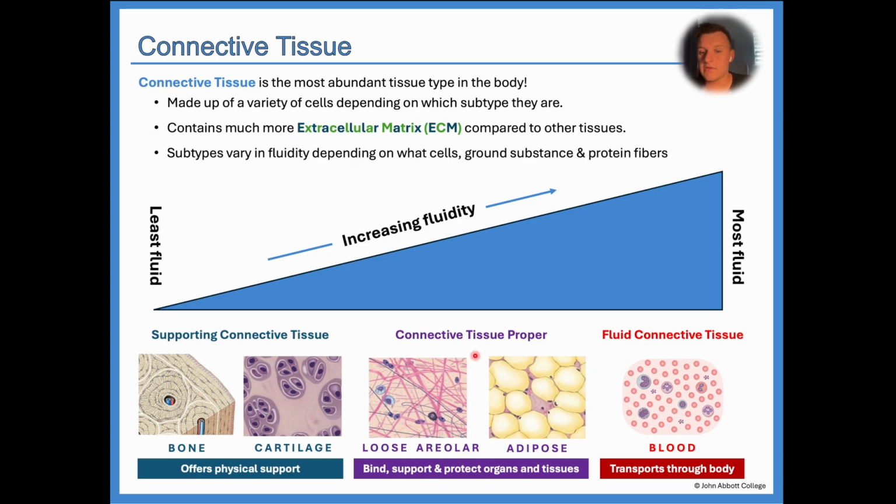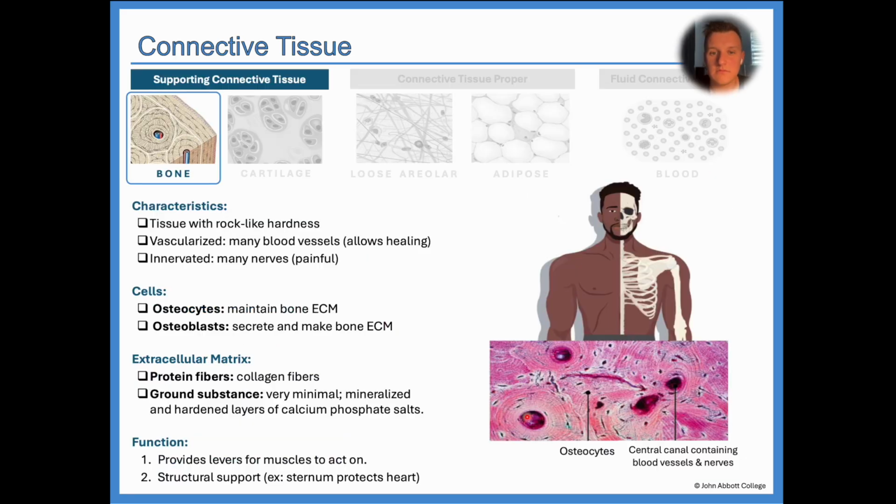This is called connective tissue proper. This binds, supports, and protects organs and tissues. So we're going to talk about loose areolar connective tissue and adipose tissue. That's not too fluid, but not too tough. All right, so let's talk about bone.